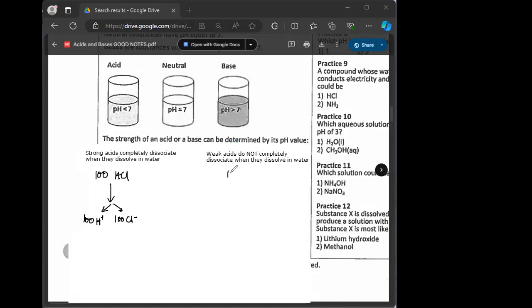So let's say that we have a different acid, maybe HF. What happens in a weak acid is that not all of the molecules will split.